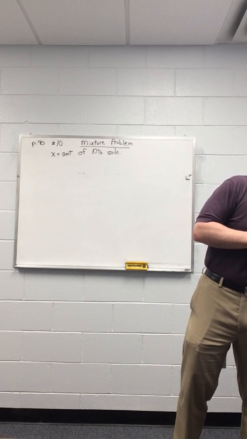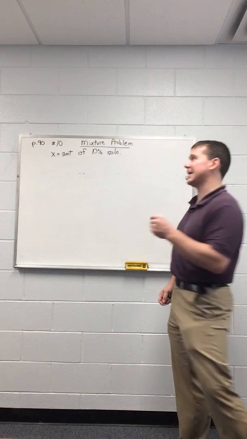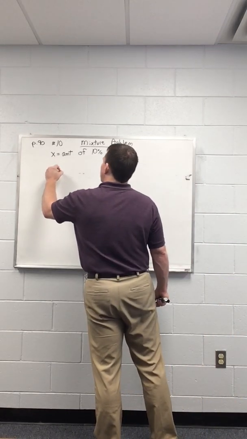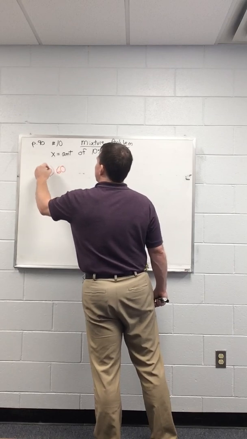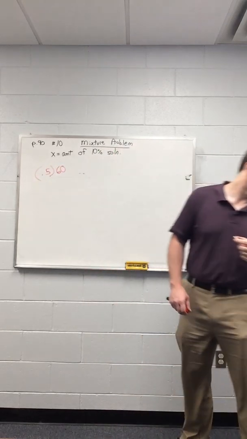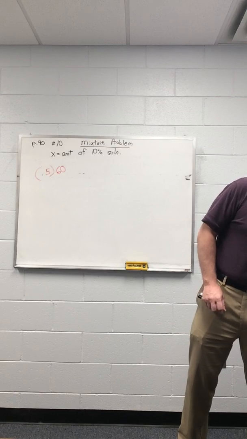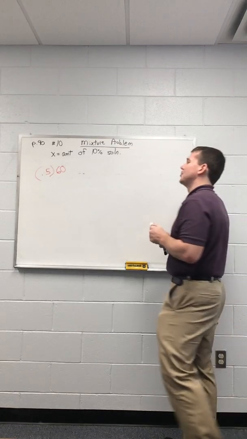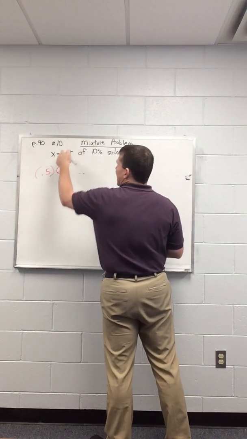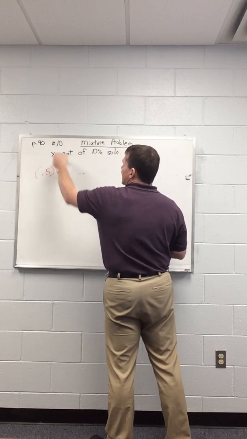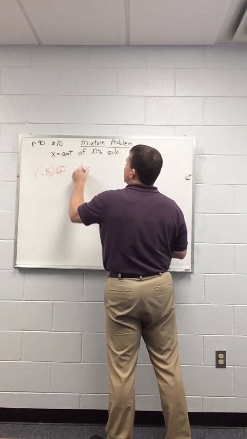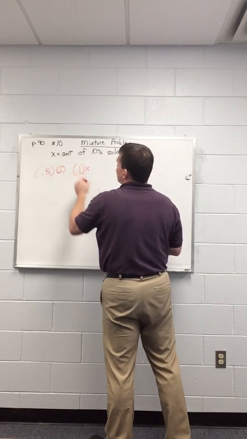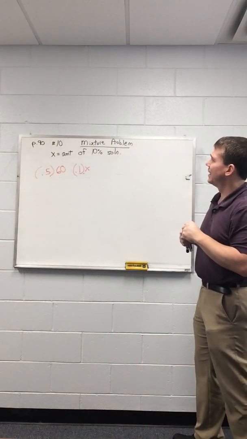A nurse mixes 60 cc's of a 50% saline solution. So 60 cc's, and it's 50% saline. With a 10% saline solution. My 10% solution, that's the one I want. So it's x cc's times 10%, 0.1.